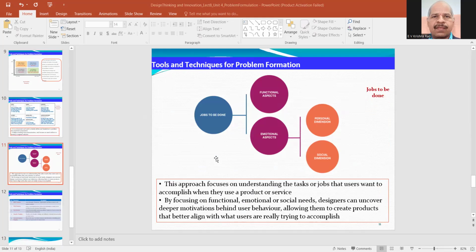In jobs to be done, there are functional aspects and emotional aspects, and in emotional aspects, a personal dimension and a social dimension. So emotional and functional aspects are involved in jobs to be done.